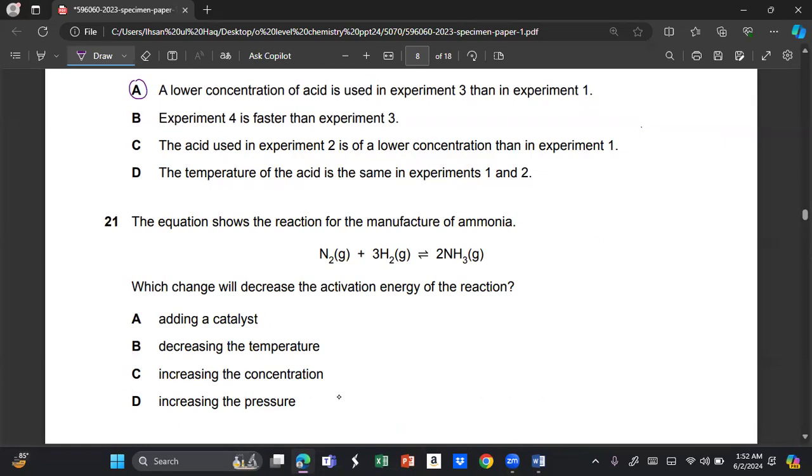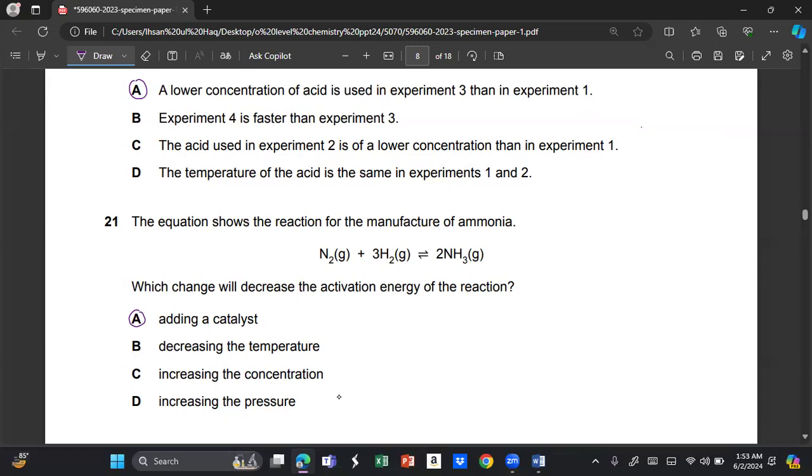So let's see. Option A, adding a catalyst. Yes, a catalyst provides an alternate shorter route. It lowers the activation energy. Option A looks correct. But also see the other options B, C, and D. Decreasing the temperature?